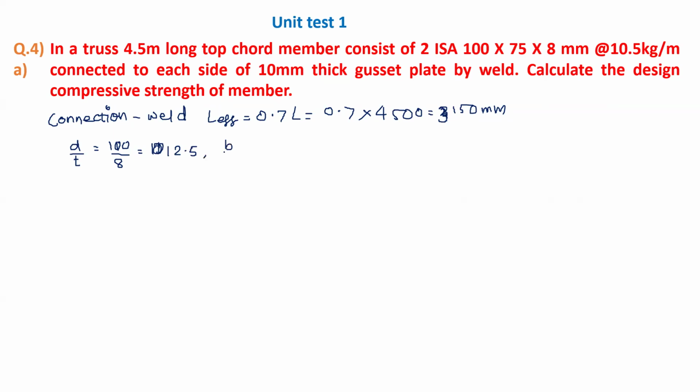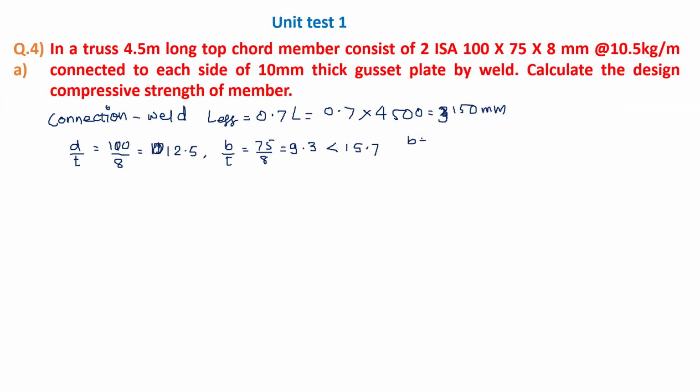And then we have b by t. This is 75 by 8, so it comes 9.375. Both are less than 15.7.